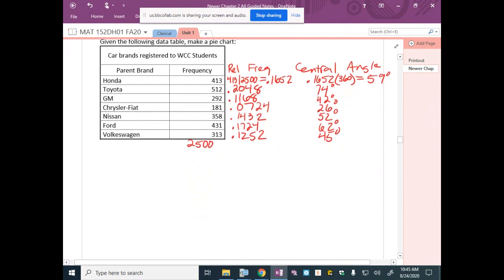On your test or lab assignment, this is 90% of the pie chart problem. Figuring out all that, that's 90% of it done. The other 10% is drawing the pie chart. And if you want to be fancy, you can. I'm not.